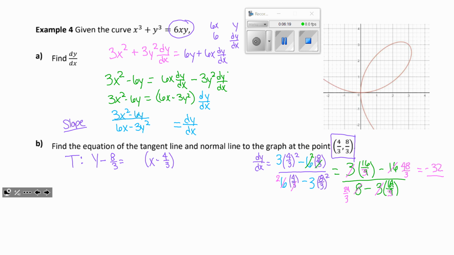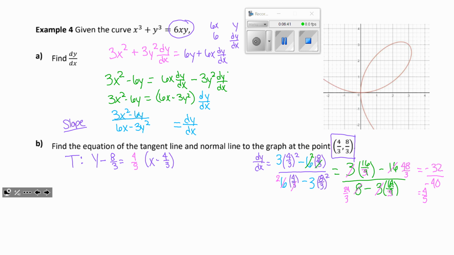And then on the bottom, I'm going to have 24 minus 64. So that's going to give me a negative 40. This is not a terrible fraction. That's actually relatively friendly. If I divide by 8, that's 4/5. So 4/5 is my slope.